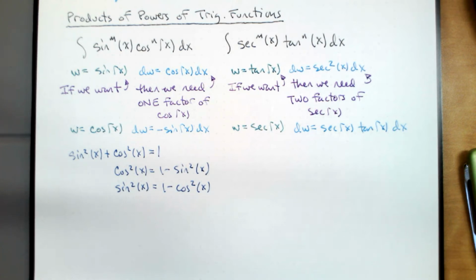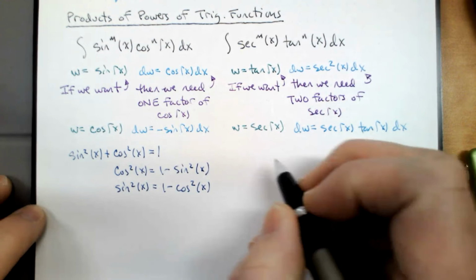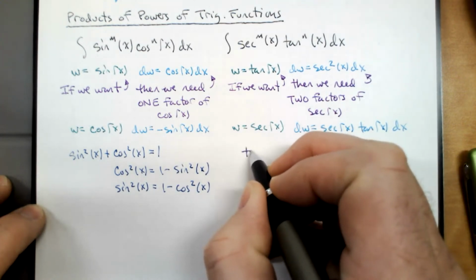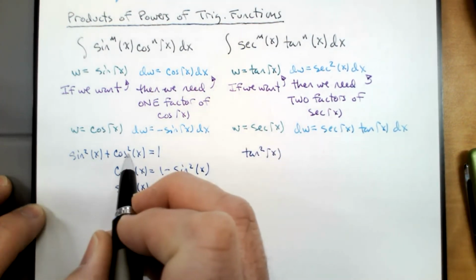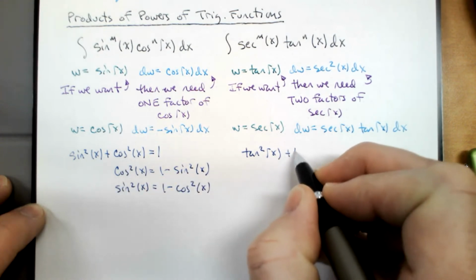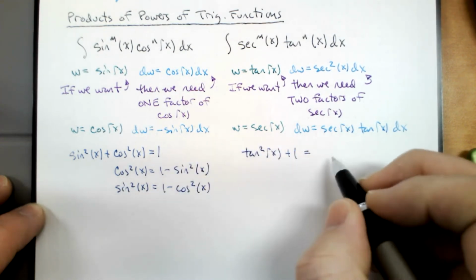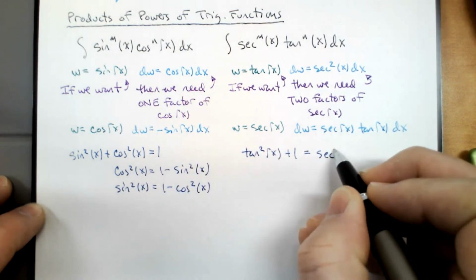So let's suppose that we forget how secant and tangent are related through their Pythagorean identity. We do know that sine squared plus cosine squared is equal to 1. And if we divide this through by cosine squared, we'll have sine squared over cosine squared, which is tangent squared. Cosine squared divided by cosine squared is 1. And 1 divided by cosine squared is secant squared.